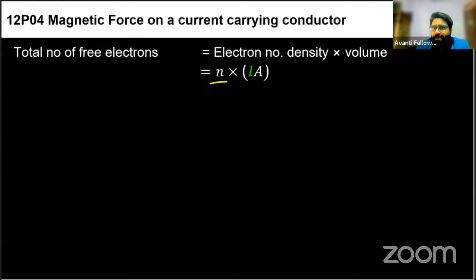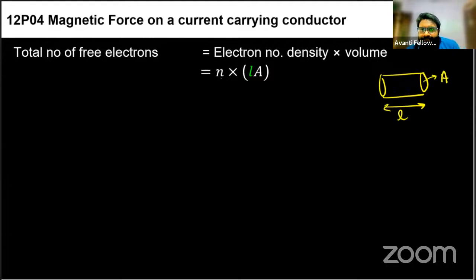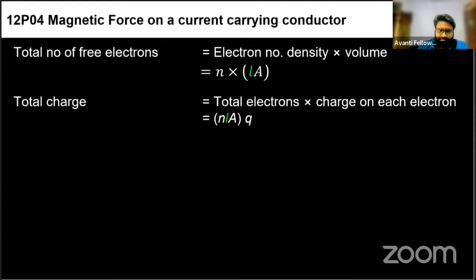If I multiply it with the volume, I get the total number of electrons. So n into the length of the cylinder L and area of cross section A: the volume will become area into length, L into A.